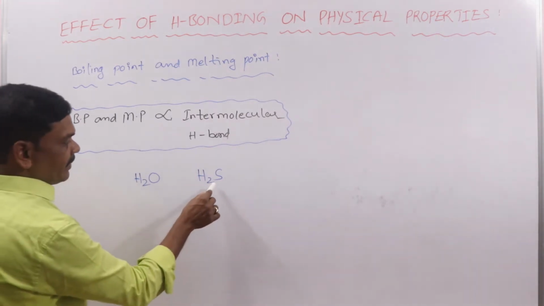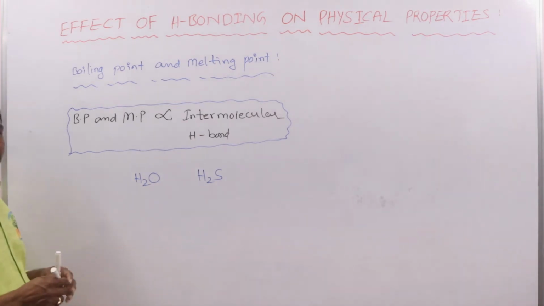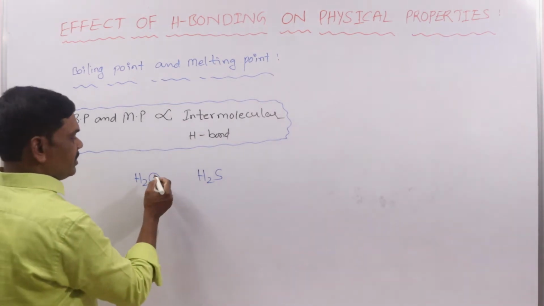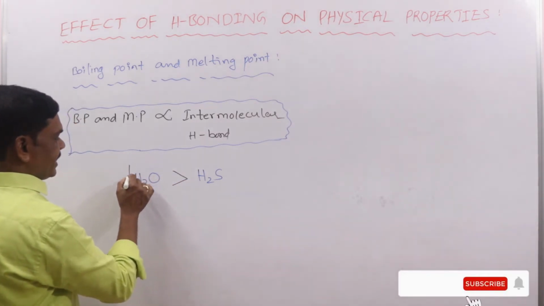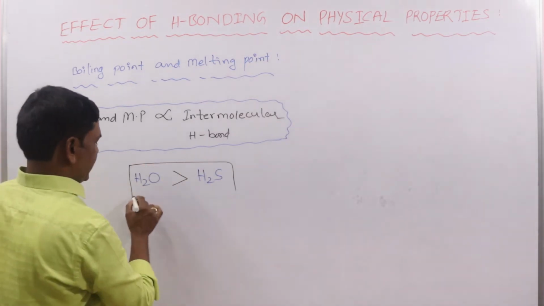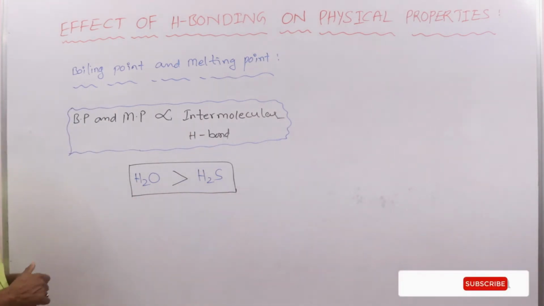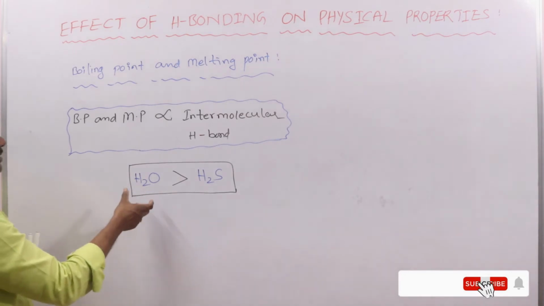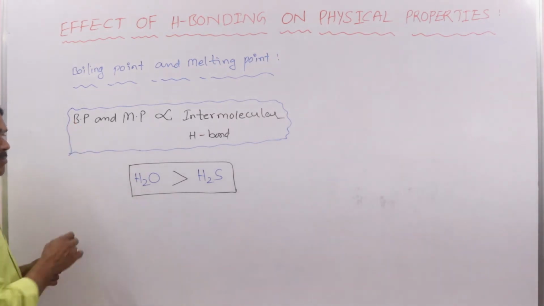Whereas hydrogen sulfide cannot form hydrogen bonds. So the boiling point of water is greater than that of hydrogen sulfide. Based on the extent of hydrogen bonding in molecules, we explain the boiling point.